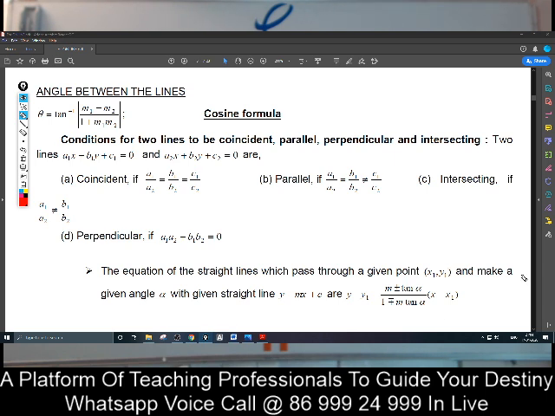In three-dimensional geometry, you will get a1 by a2 is equal to b1 by b2 is equal to c1 by c2 if two lines are parallel, and not equal to d1 by d2.